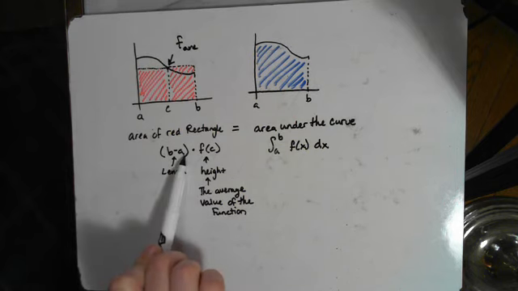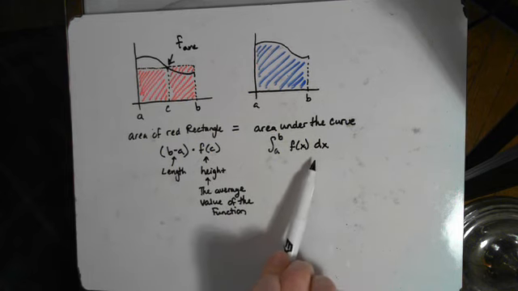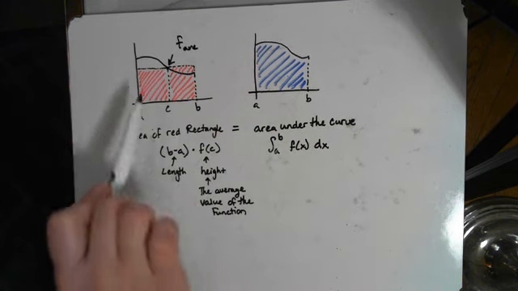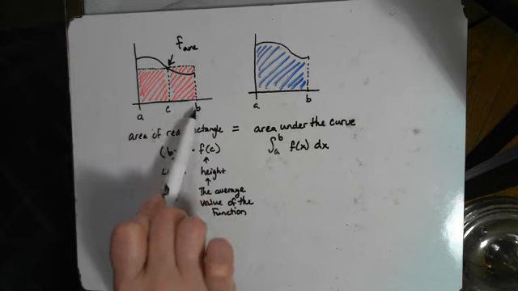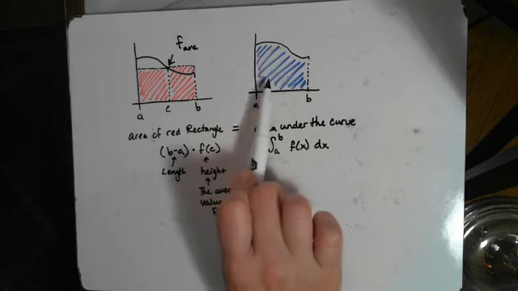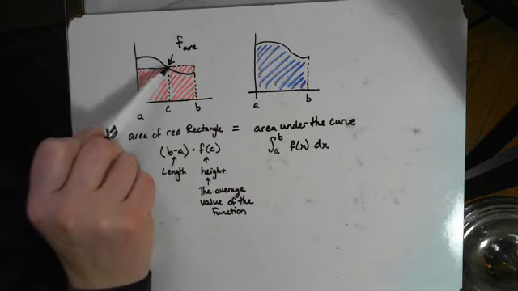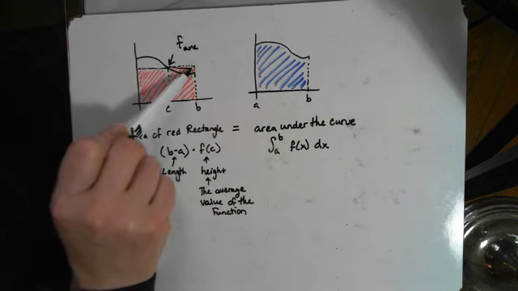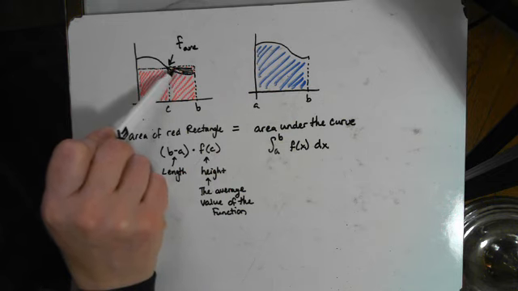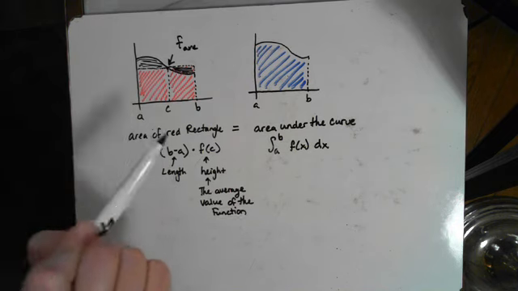If I multiply length times height, it's going to equal the area under that curve. So it's helping us to make a rectangle that has an area equal to the actual area under the entire curve. This portion right here is going to equal this area up here, and they're going to cancel each other out.